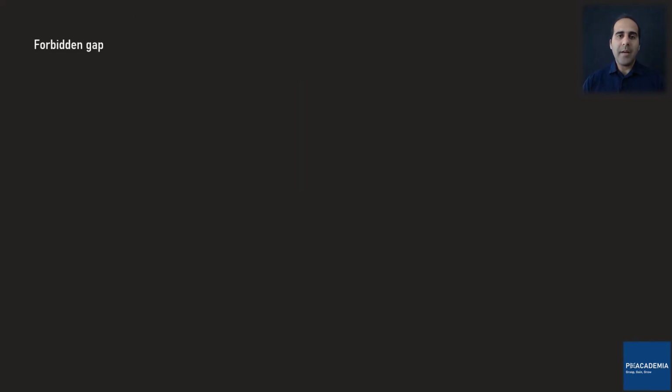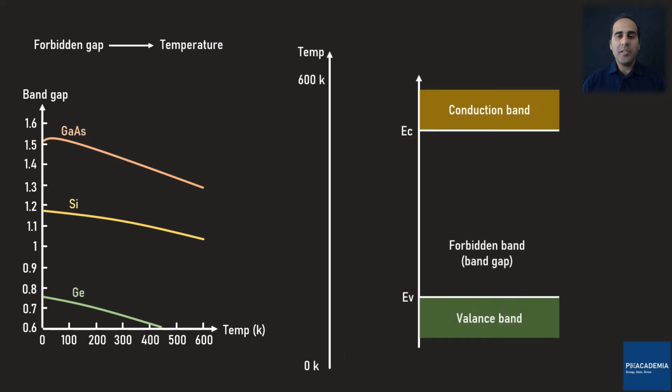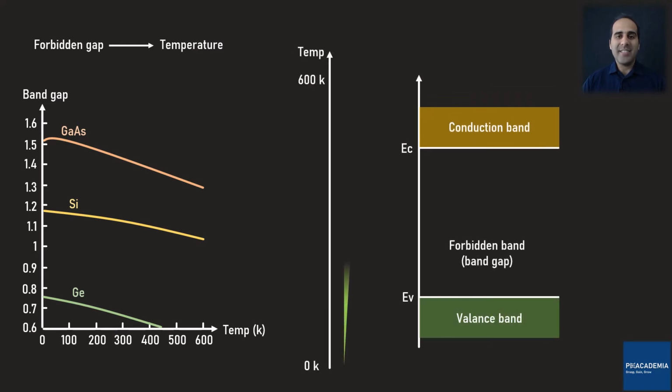The forbidden gap or band gap is a function of temperature. The band gap diagram can be drawn versus the temperature. Here you can see the band gap temperature diagram for the semiconductors gallium arsenide, silicon, and germanium versus temperature. As you can see, by increasing temperature, the band gap gets smaller.